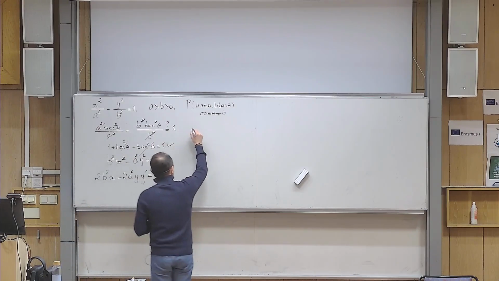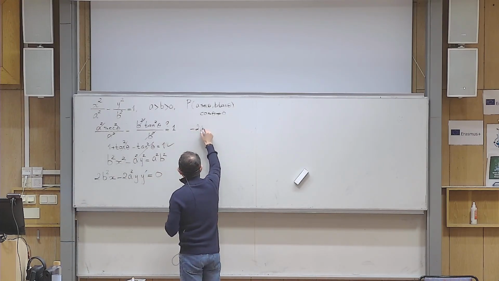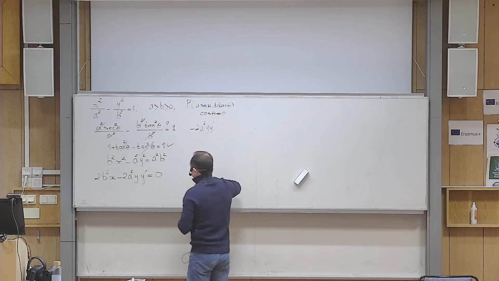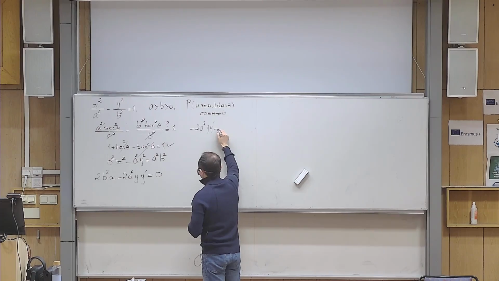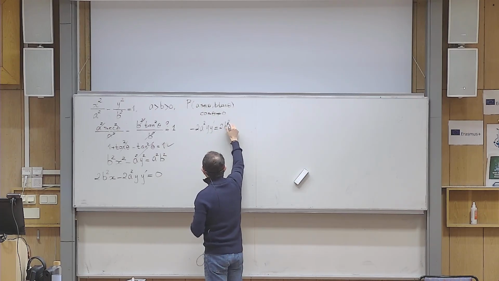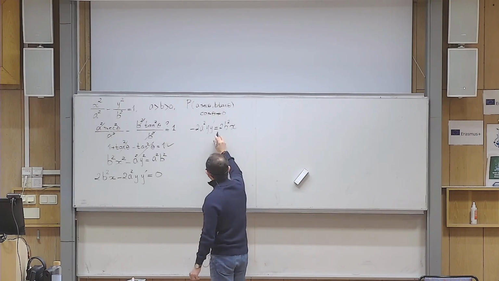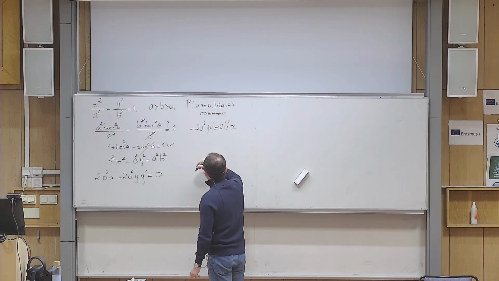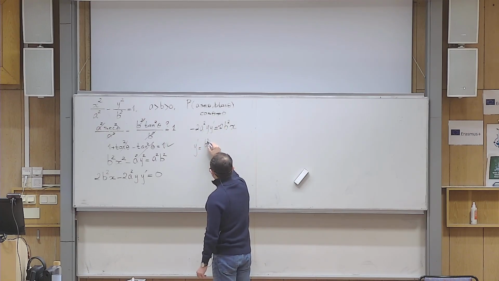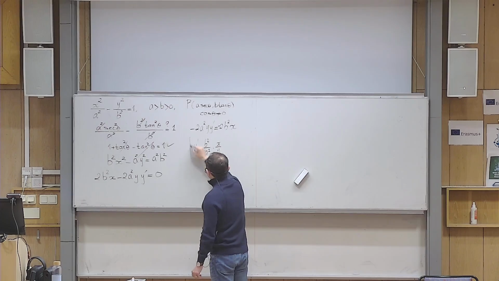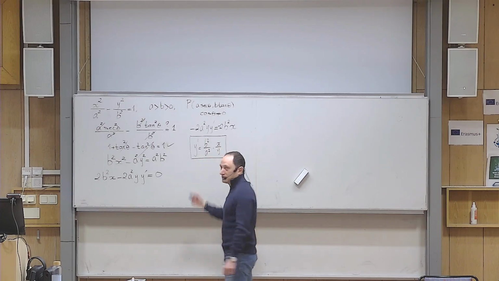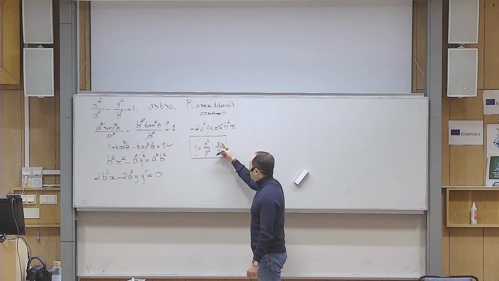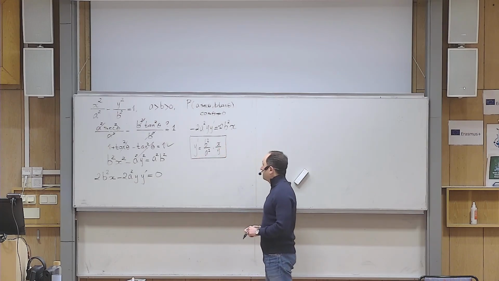So minus 2a squared y prime equals, sorry, minus 2b squared x. Then I divide by this coefficient, so y prime becomes b squared over a squared times x over y. This is also an implicit derivative because it depends on both coordinates x and y.